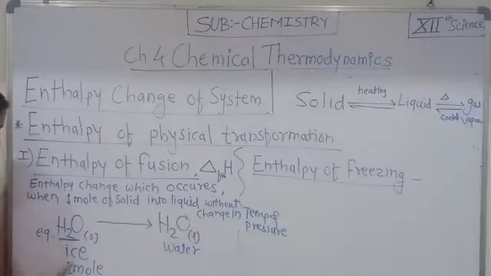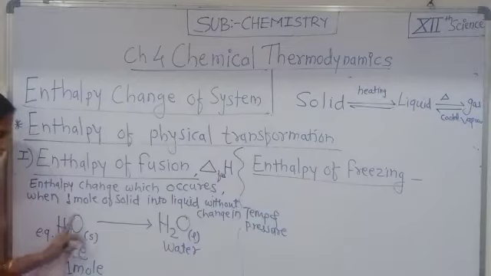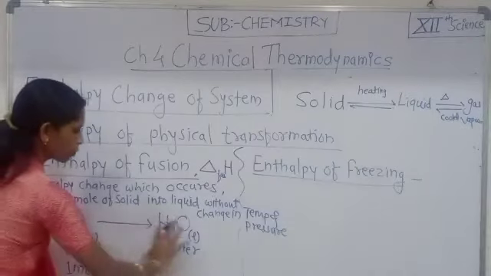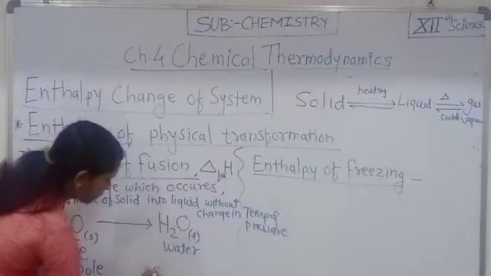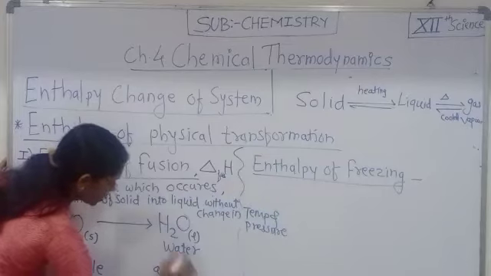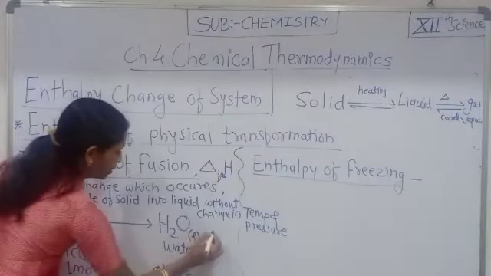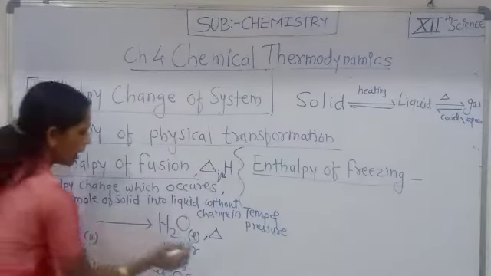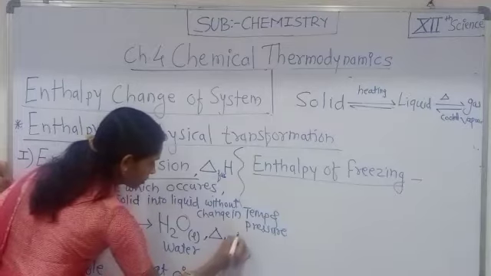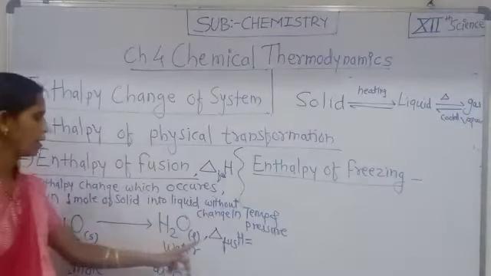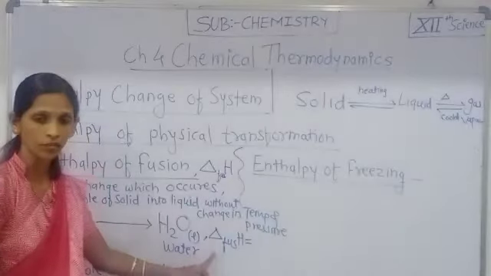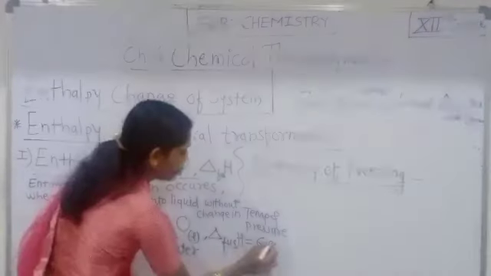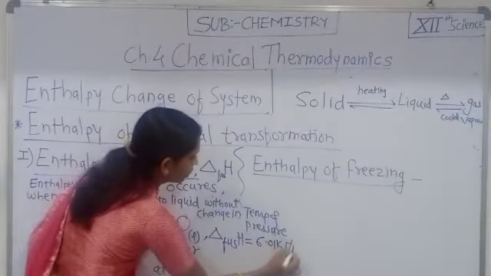In this example, 1 mole of ice is converted into liquid water, and this process takes place at 0 degrees Celsius. Therefore the heat absorbed by 1 mole of ice, as written in this chemical equation, is 6.01 kilojoule per mole.